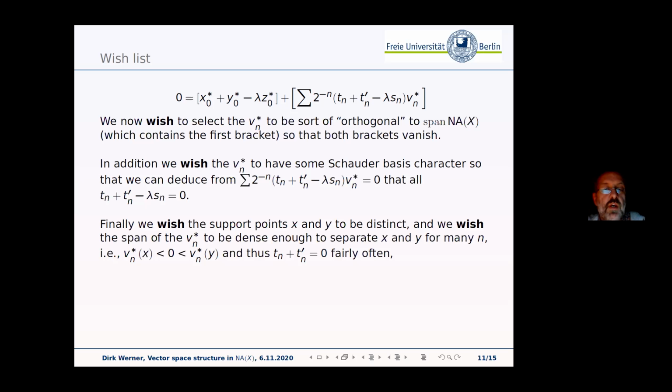So then one can separate them by the Hahn-Banach separation theorem, but we wish to separate them by means of the functionals Vn star. And we wish to separate them in such a way that one value is negative, one value is positive. That is in terms of the Tn here, one is +1, one is -1, and therefore the sum is 0. So this should happen for many n, say, whatever this may mean.